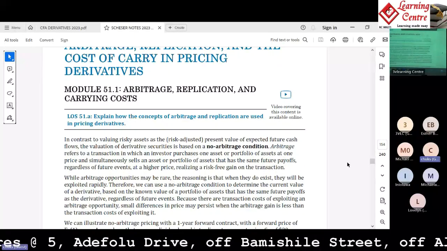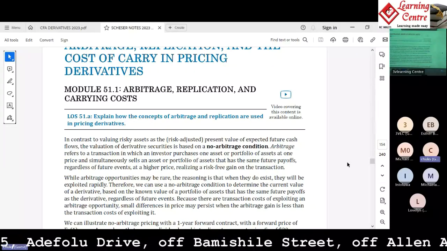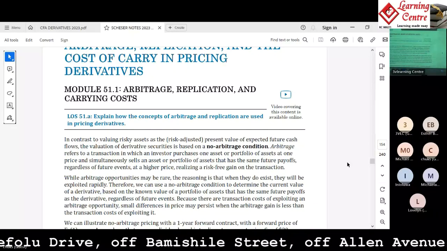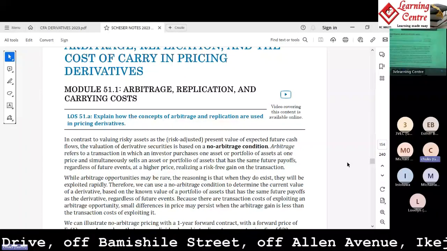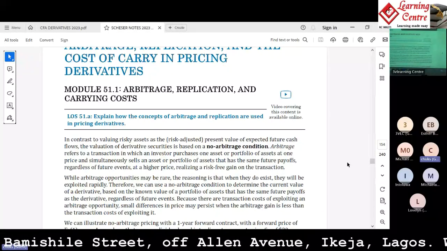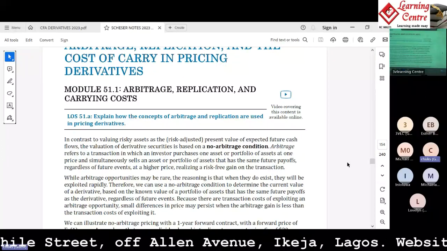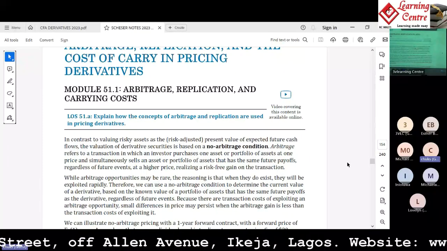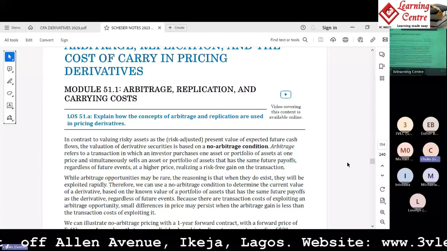So the idea is, if I have an asset today of 200 naira, the spot rate today is 200 naira. The future rate is going to be 300. Everybody knows the future rate is going to be 300.